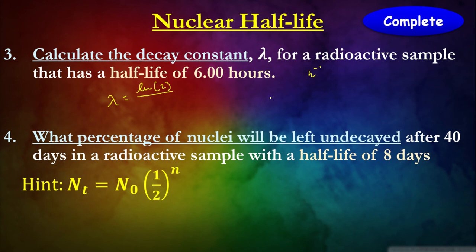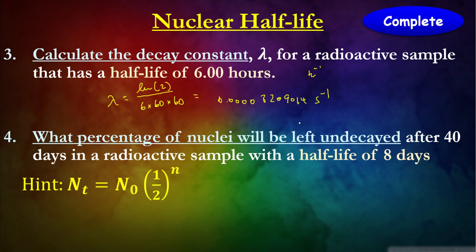If we want to leave it in seconds, then obviously we need to multiply by 60 minutes and by 60 seconds. So in this case we will get a decay constant of 0.000 value there.